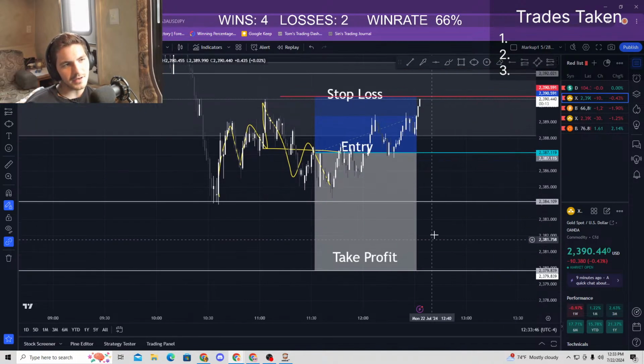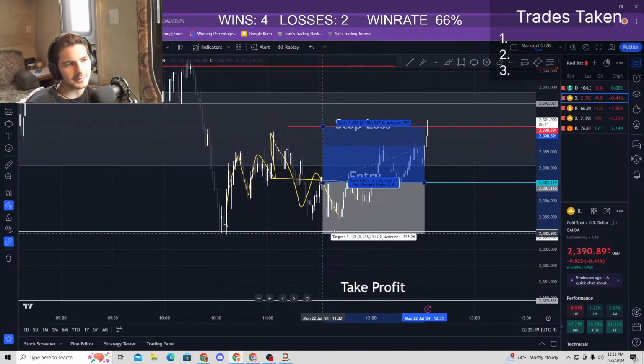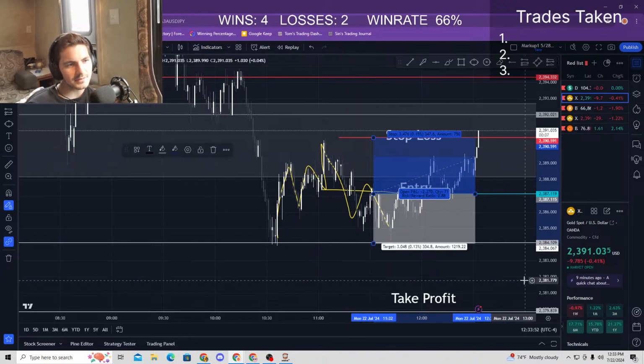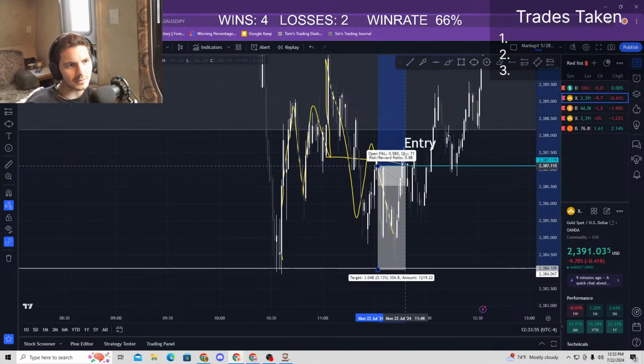I think the trade was alright. I just think the take profit was messed up. I definitely should have just been targeting these previous lows. Actually, not even. It didn't even go all the way down.